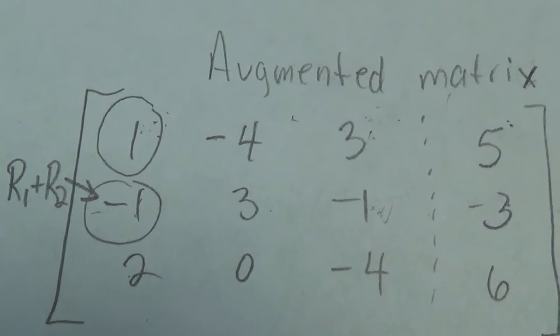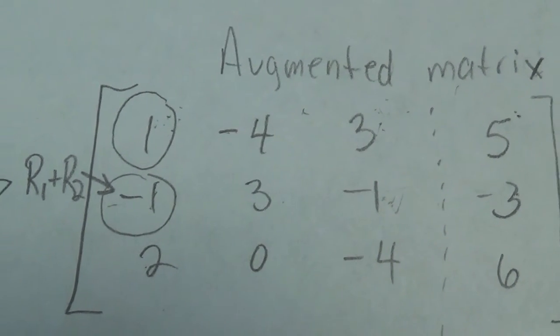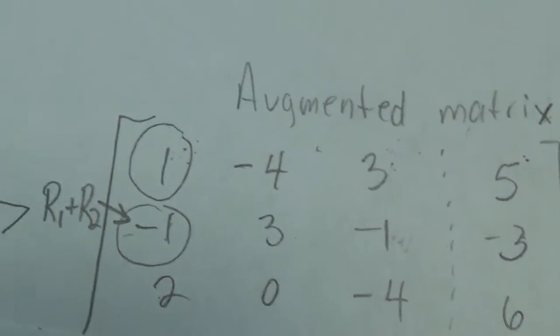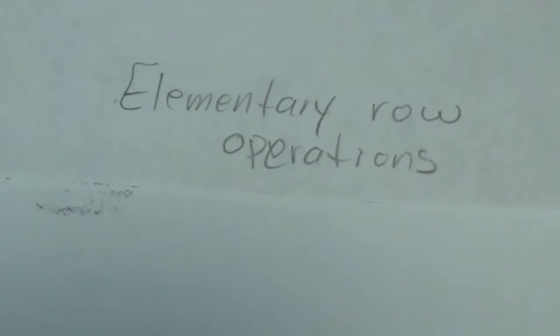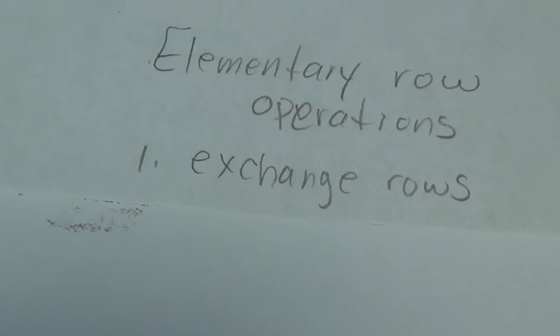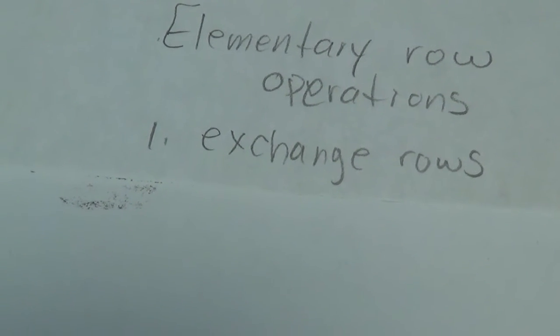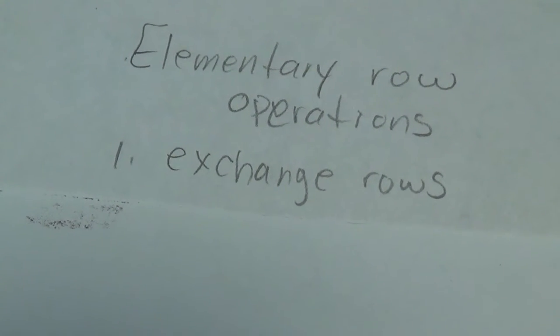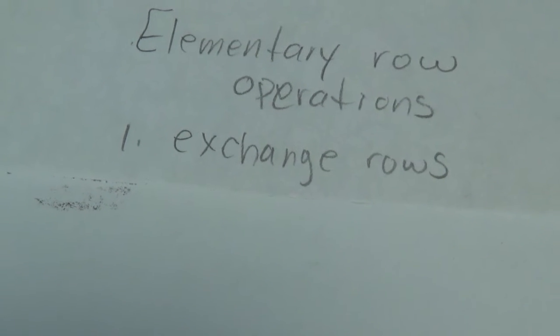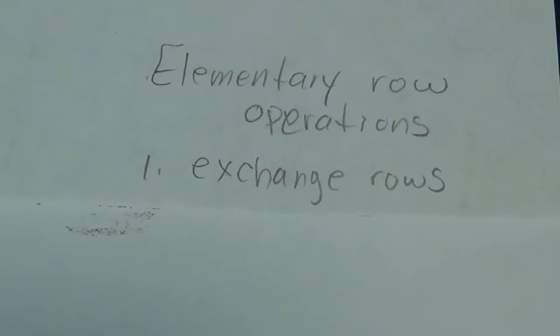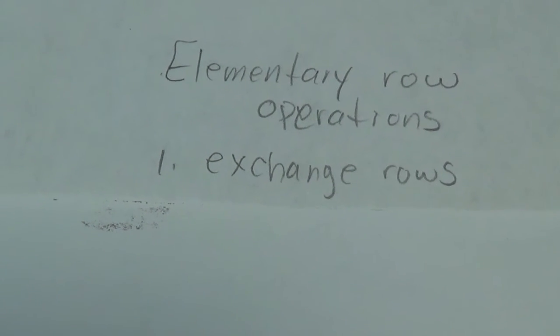In order to solve for X, Y, and Z, there are certain operations that are allowed in matrix land. So the elementary row operations must be written down. And here they are. Number 1, you may exchange rows. Row number 1 and 3 can, in other words, be exchanged. Row 3 can become row 1, and row 1 can become row 3. Or you can exchange any 2 rows.